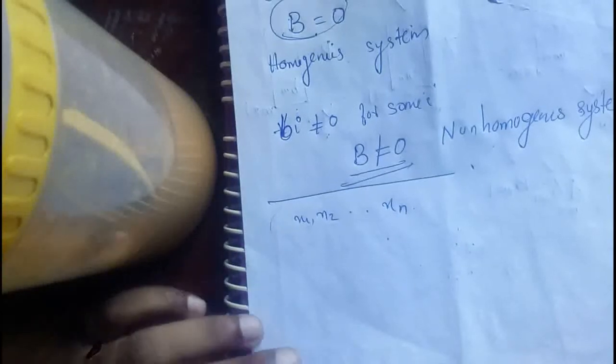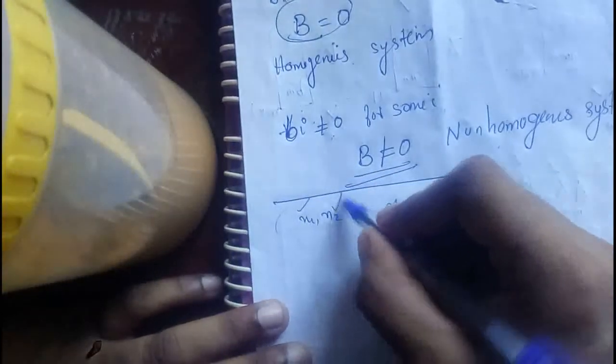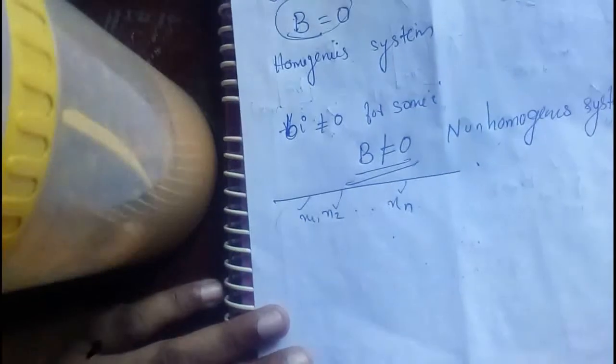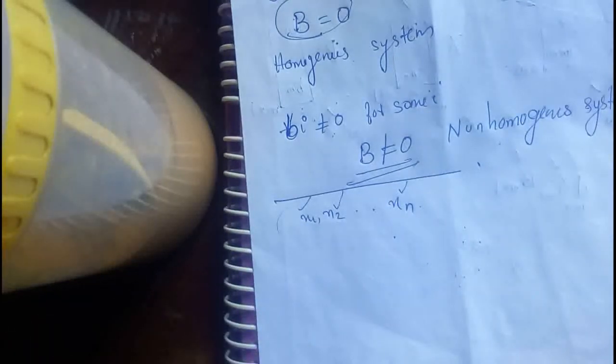When we get the values of these unknowns, those values are the solution set of the simultaneous m equations.